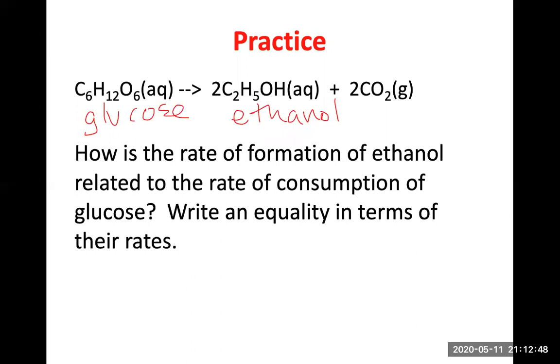How is the rate of formation related to the rate of consumption of glucose? You can write an equality in terms of the rates. Once again, this is actually very easy if you think about the reaction having one rate.